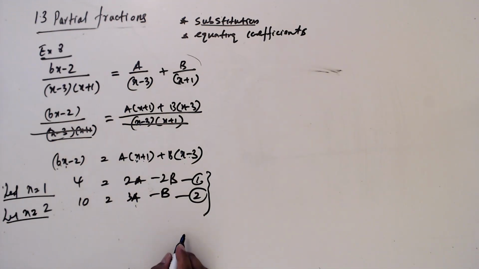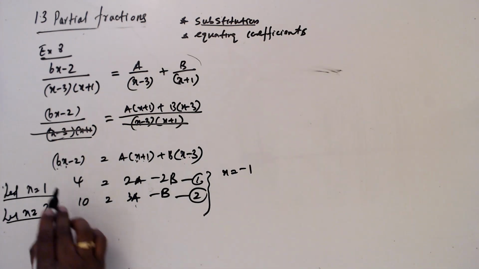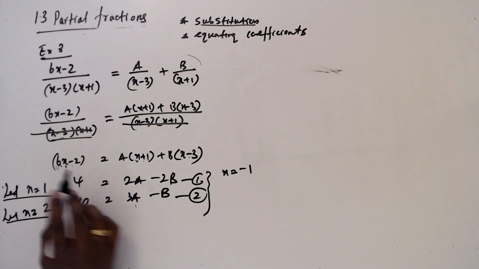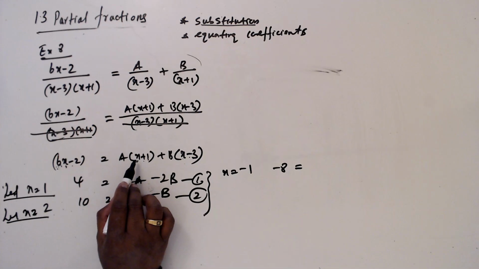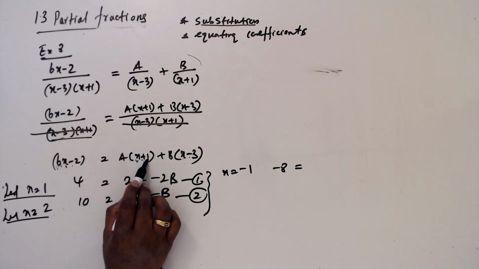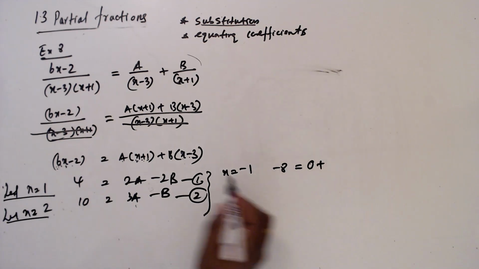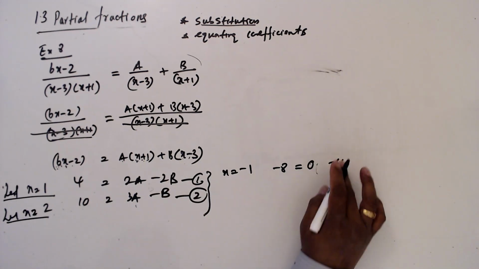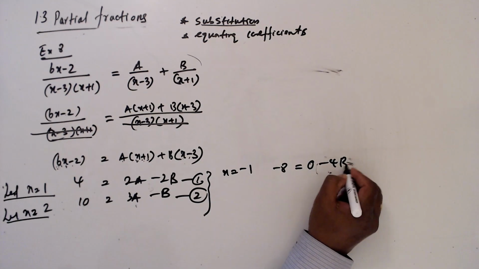For example, if I select x equal minus 1, this is going to be minus 6, minus 2, minus 8. And what is minus 1 plus 1? 0. 0 times a is 0, it vanishes. This is going to be minus 1, minus 3, minus 4b.